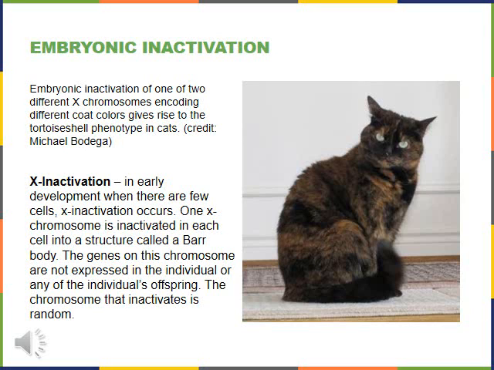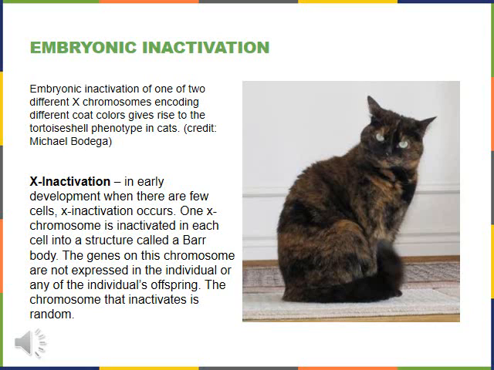And then the genes on that chromosome are not expressed in the individual or any of the individual's offspring. Remember that mutations are passed down to offspring. Okay, and that mutation is in every single cell because of the way meiosis happens, right? Go back and think about that with that chart.